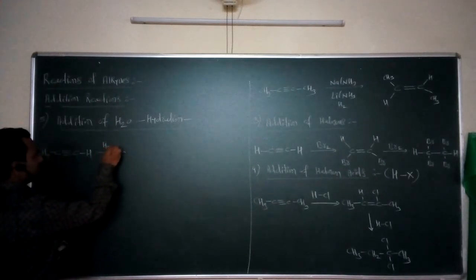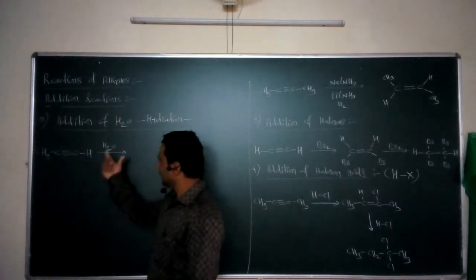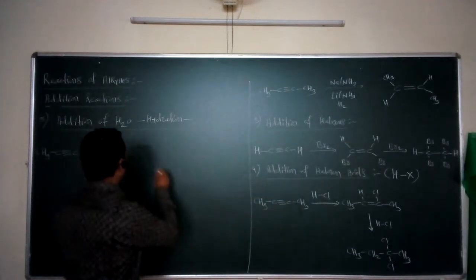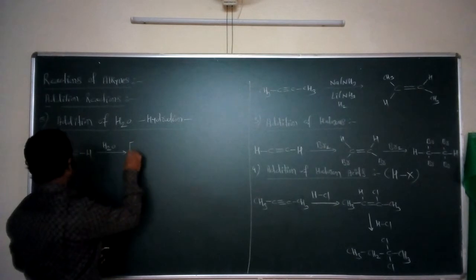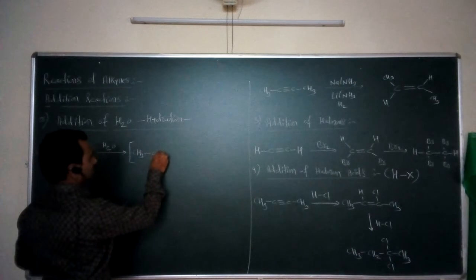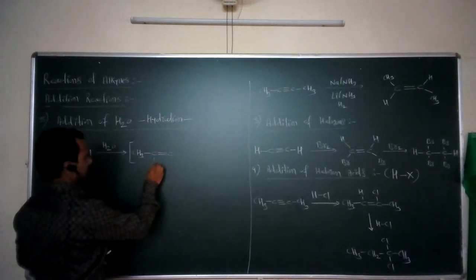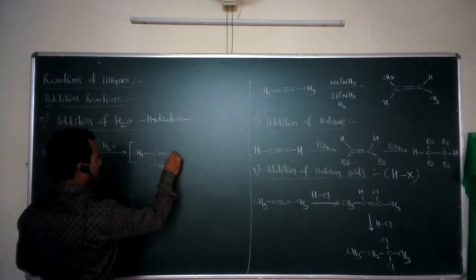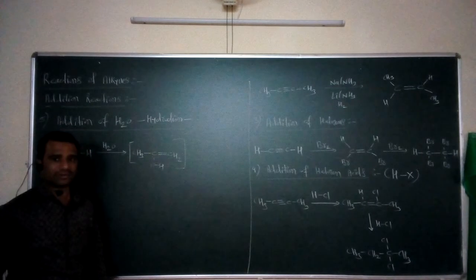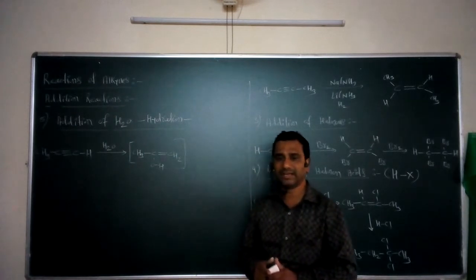When a water molecule is added to this alkyne, H2O is added across the carbon triple bond, and in the first step we get an enol compound, CH3-C(OH)=CH2. The triple bond gets converted into a double bond by the addition of the water molecule.